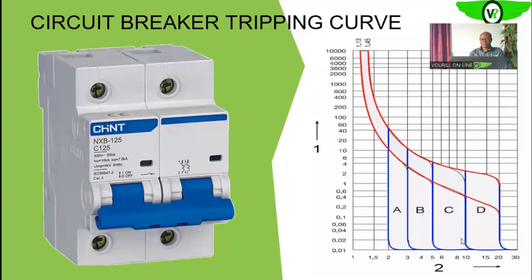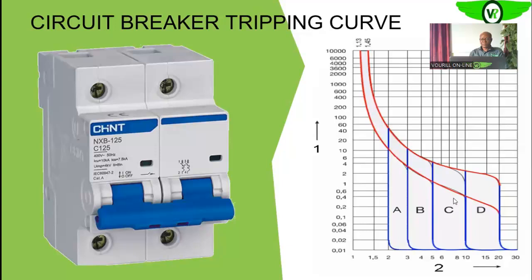So if you select a C breaker in this case, you see that it is supposed to trip around this area, between 3 and 4. And that magnitude of current will not cause the C breaker to trip.